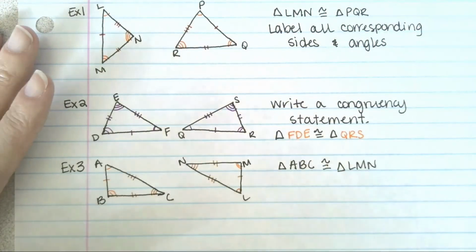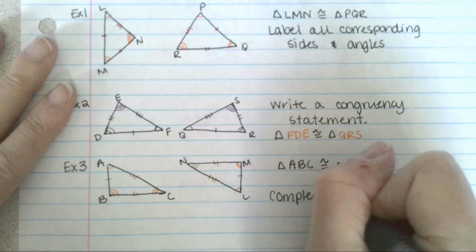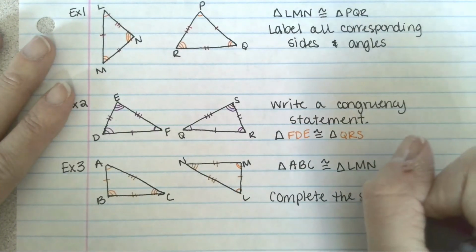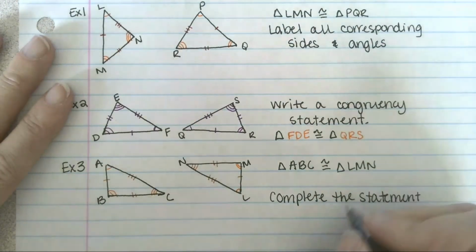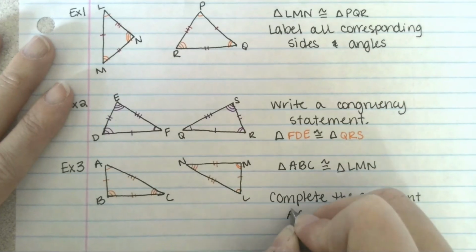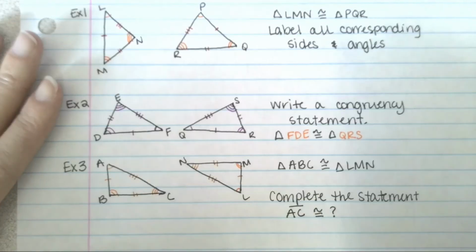And I want you to complete the statement. Side length AC is congruent to what?